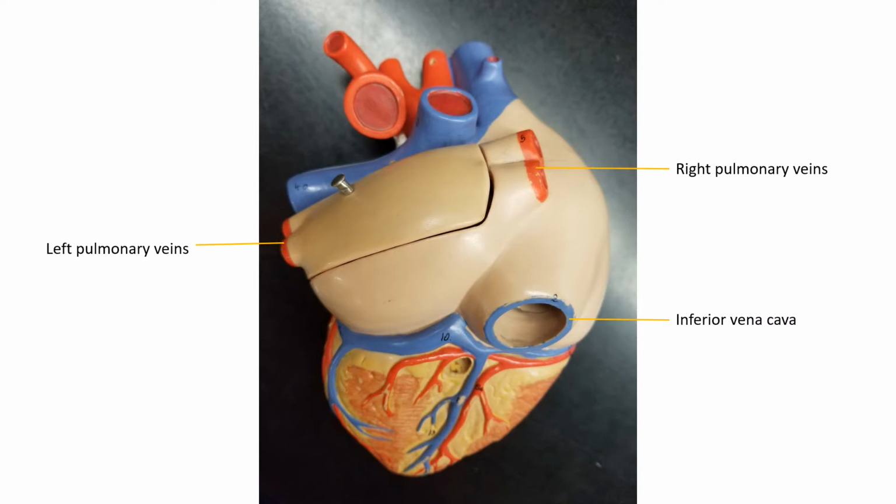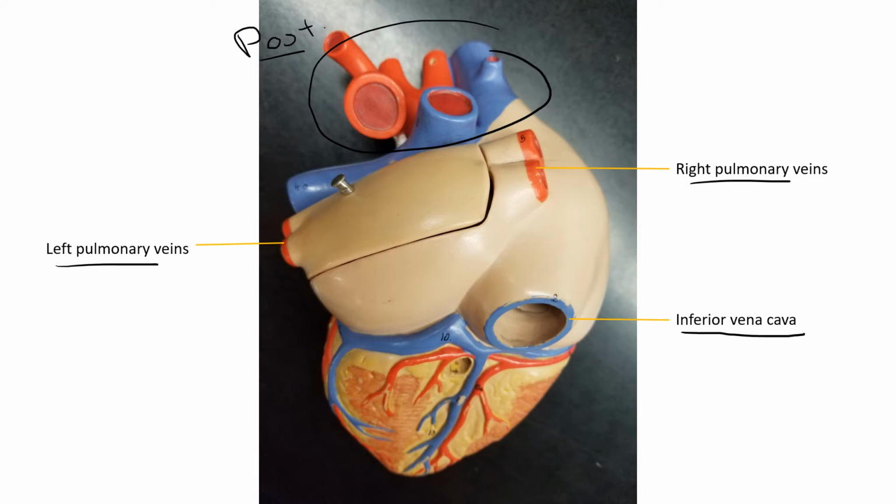So looking at a posterior view of the heart, you can see a lot of things that we were looking at before, but this is showing this back portion, and that is showing the inferior vena cava and the right and left pulmonary veins. And you might be thinking, okay, but Rachel, you said that this side was right and this side was left. Well, we've turned the heart around and we're looking at it from the back.